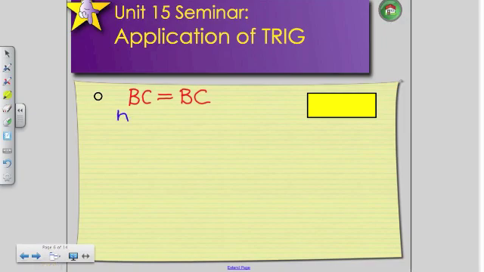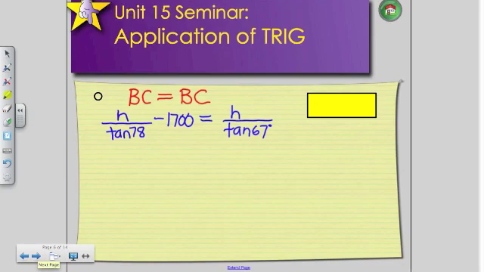That means that H over tan 58 minus 1700 is going to be equal to H over tan 67 degrees. So those two expressions are now equal to each other. The biggest tip I can give you: you want to put all the H's on the same side.